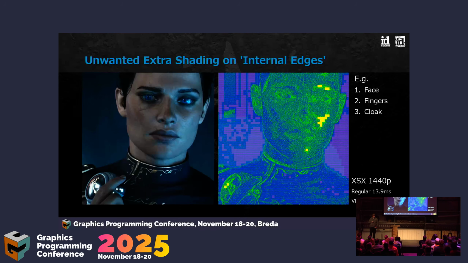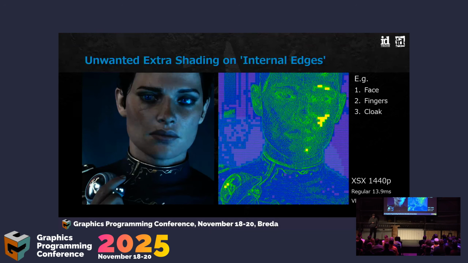If we look at this image here, again, hopefully it's showing up okay on the projector, there's a lot of extra shading going on. The shading rate image is saying there's some interesting stuff going on the left-hand side of a face because of the lighting on the chin, on the eyebrow, the gold leaf around her neck, this device she's holding.